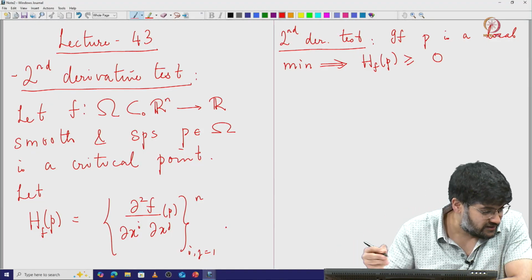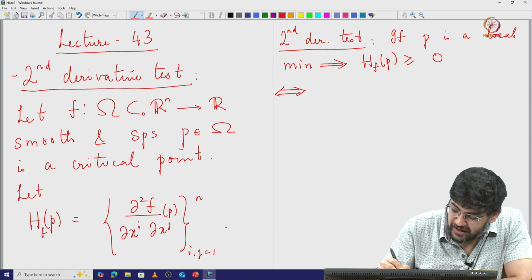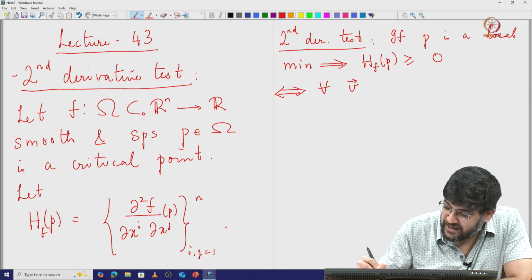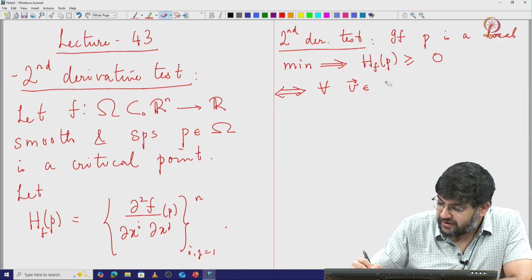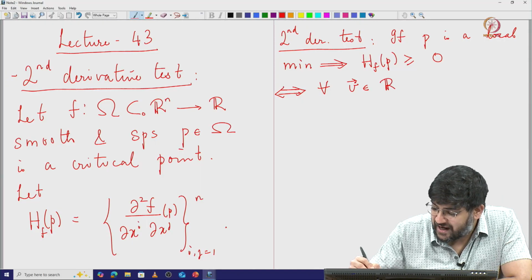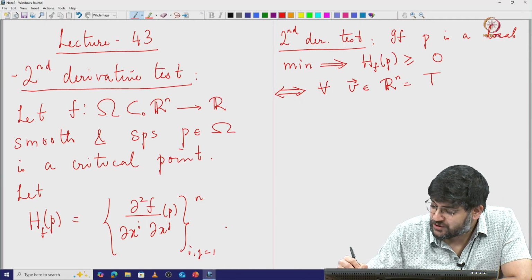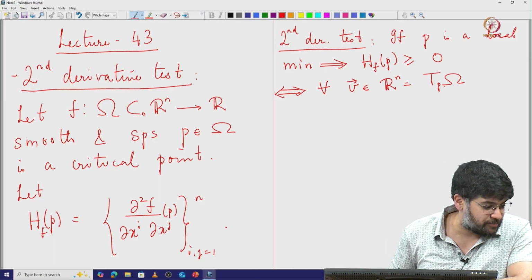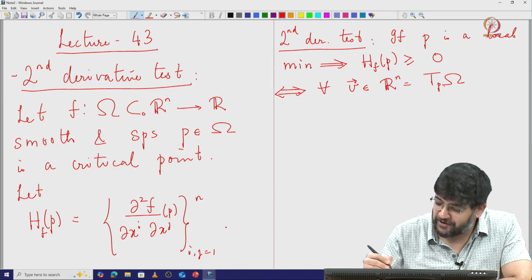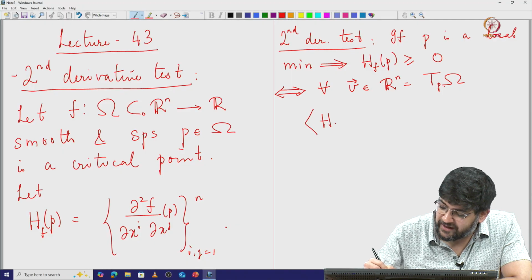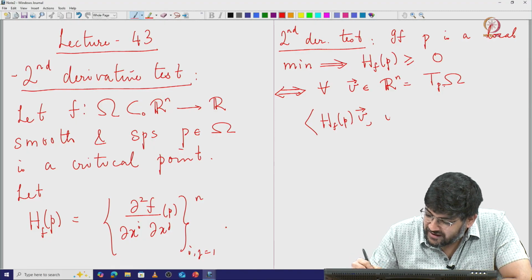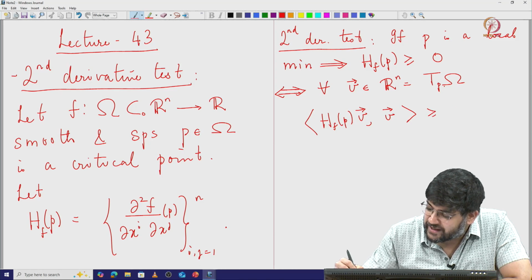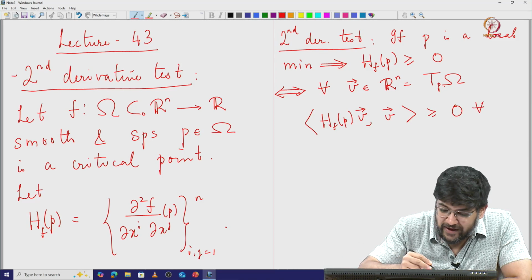Equivalently, for all vectors v in Rn, but you should think of this Rn as the tangent space to omega at this critical point P, non-negative definite just means that if you take this Hessian applied to v, which is a matrix applied to v, and take the inner product with v itself, this is non-negative for all vectors v.